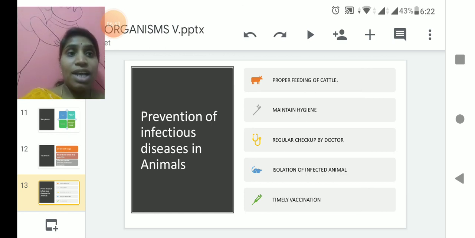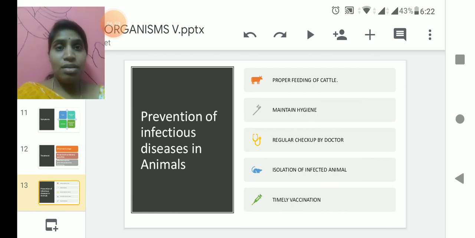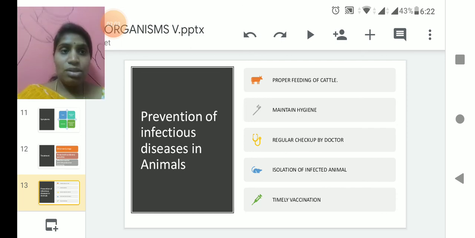We have to isolate infected animals. Even if an infected animal is in our farm, we have to isolate that cattle or animal, and take care of the other animals also, right? And timely vaccination is very important, because prevention is better than cure, right?